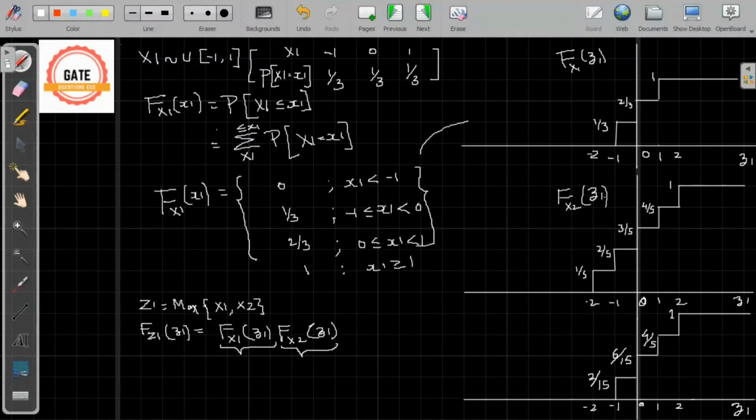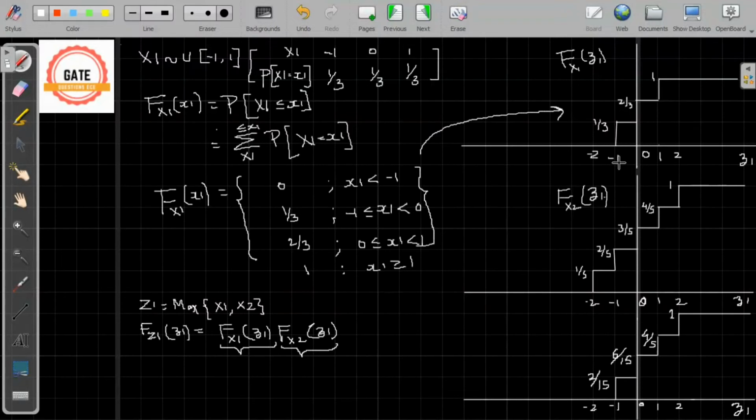This CDF I have drawn in this diagram. You can note here that X1 is a discrete random variable. For a discrete random variable, its CDF is a staircase type diagram. This is not true only for this case. Any type of discrete random variable will have its CDF as a staircase diagram, where the step size will be equal to its probability.